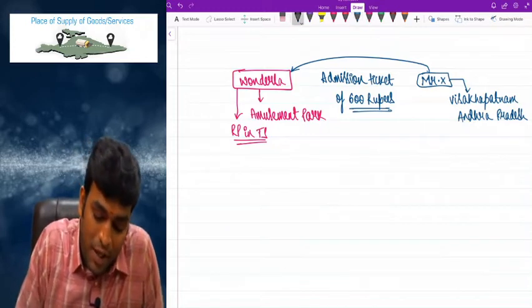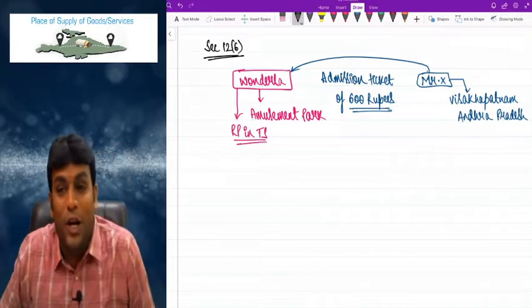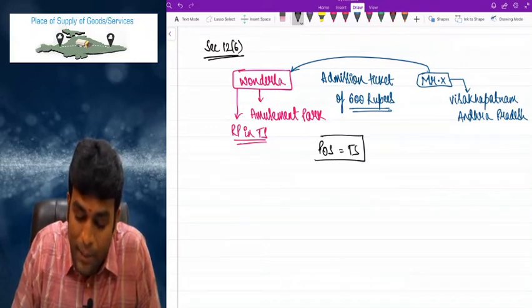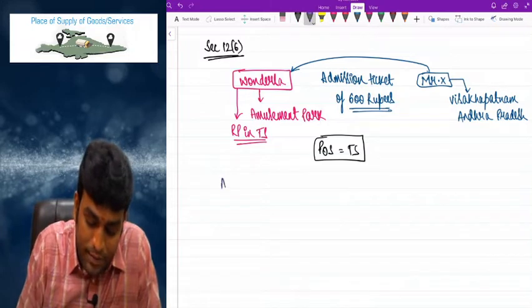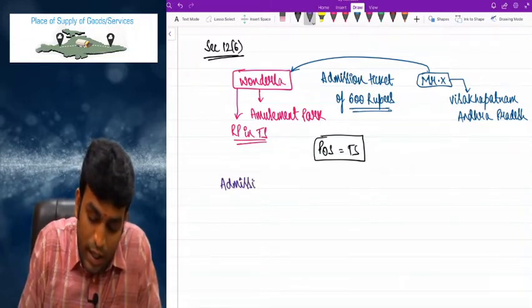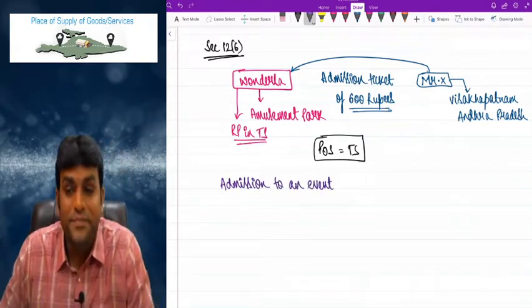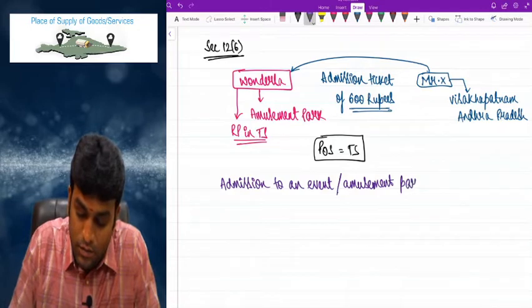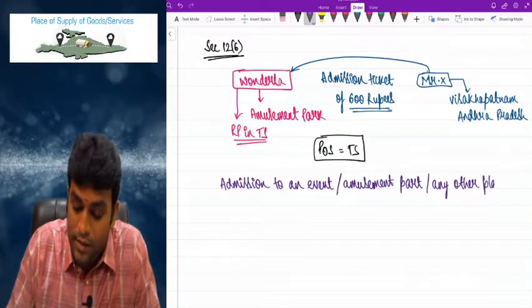Now what we are talking about is a brilliant section called 12.6, which clearly says, in this particular example, place of supply will be Telangana. Why? 12.6 talks about, in case of admission to an event, admission to what, my dear friends? Event or amusement park, or any other place.